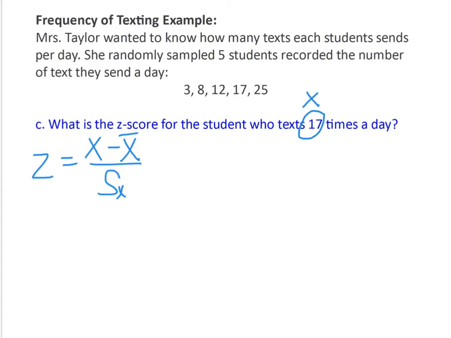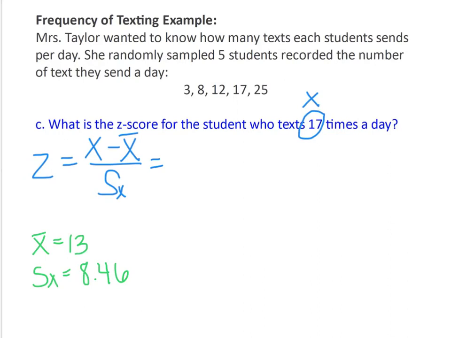So since I found it already, I can use the numbers that I got from one var stats, and in one var stats my mean was 13, my standard deviation was, not 4, whoopsies, it was 8.46.